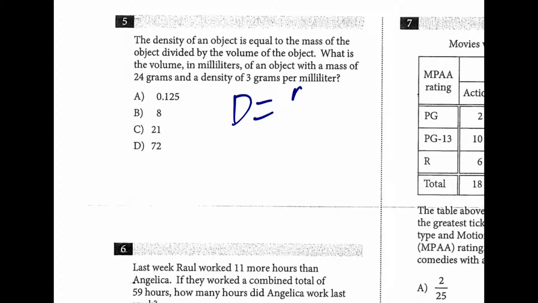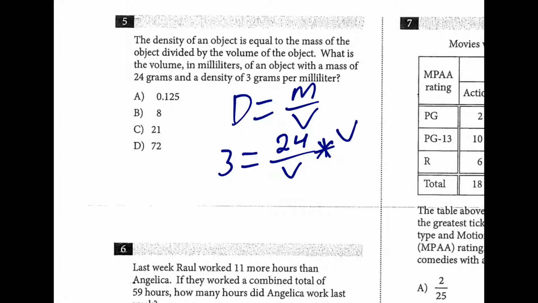Density is equal to mass over volume, and they give us the mass and the density, so we can plug in 3 is equal to 24 divided by V. A lot of people struggled with how to get V by itself. Since V is on the bottom of this fraction, we can actually multiply by the reciprocal, V over 24, if we wanted to. Usually we'll just do it one step at a time.